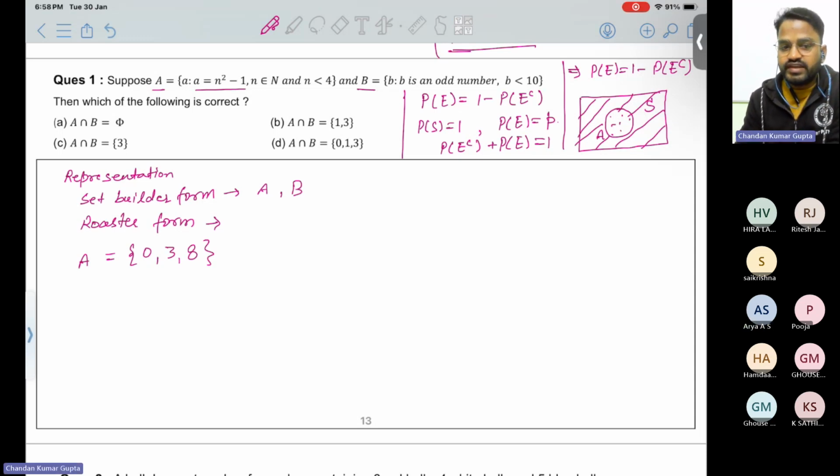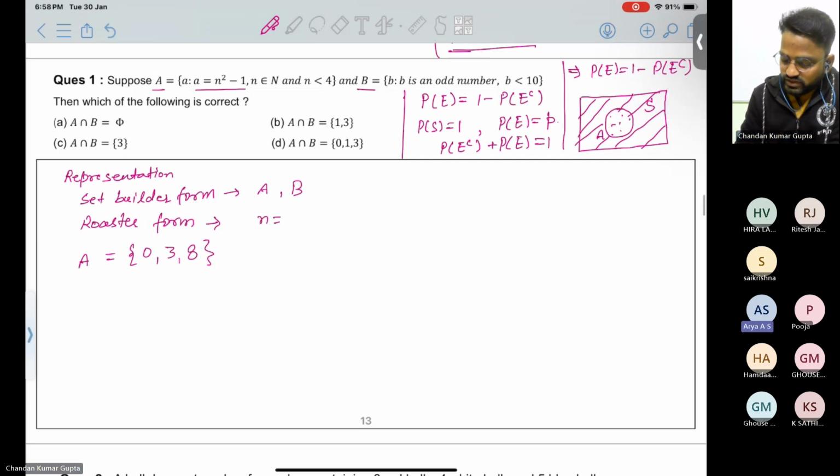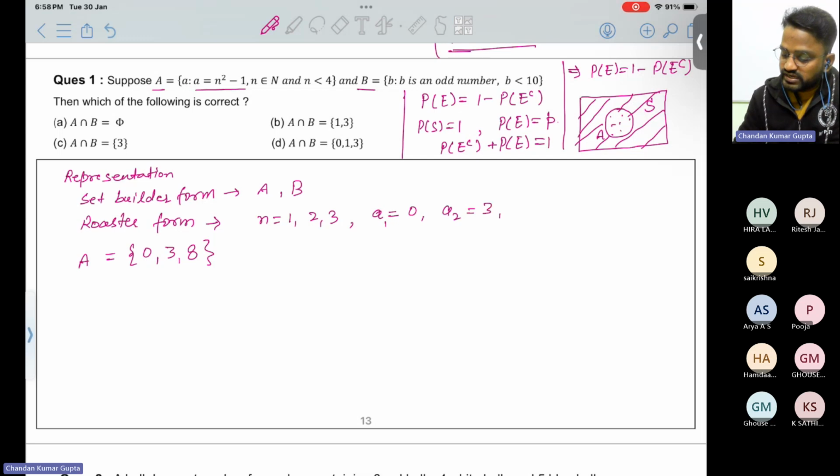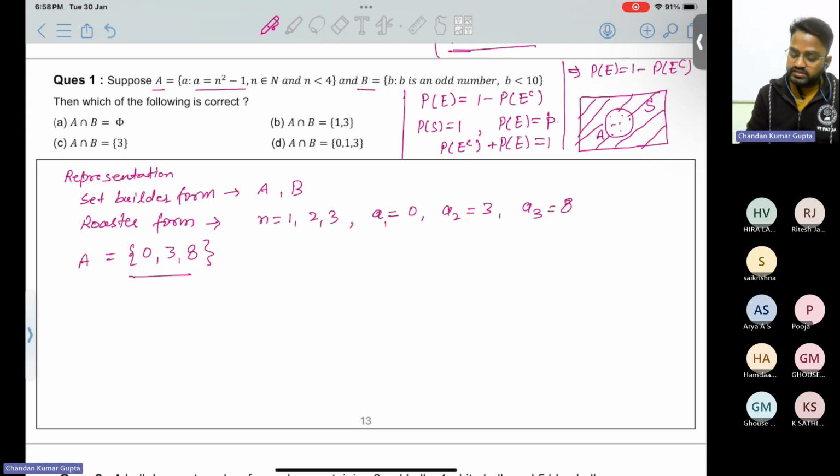We substitute the values of n, which are 1, 2, and 3. For n equal to 1, a equals 1 square minus 1, which is 0. For 2, 2 square minus 1 is 3. And 3 square minus 1 is 8. So this is the set builder form, and this is the roster form of the representation of the set.